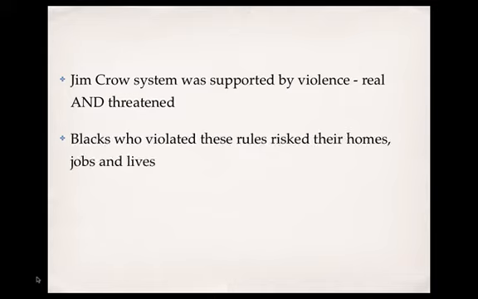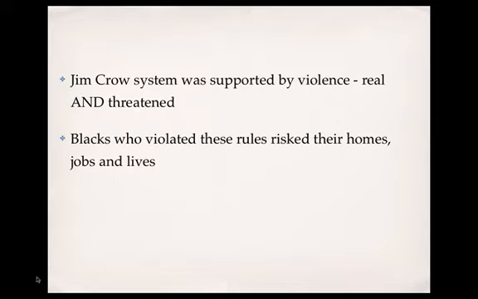So it was also supported by violence, real violence and threatened violence. So if you violated any of these quote-unquote laws, you could be punished. They risked their homes, they risked their jobs, they risked their lives. If you went against any of these kind of etiquette rules, if you were walking on the street and an African American met a white person, the African American had to step off the sidewalk and let the white person pass.